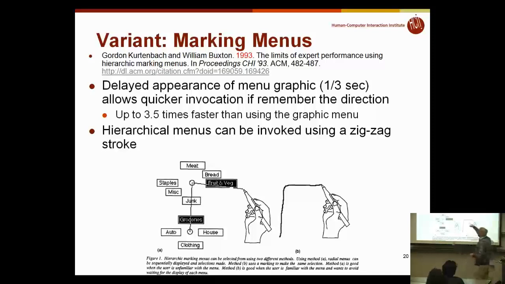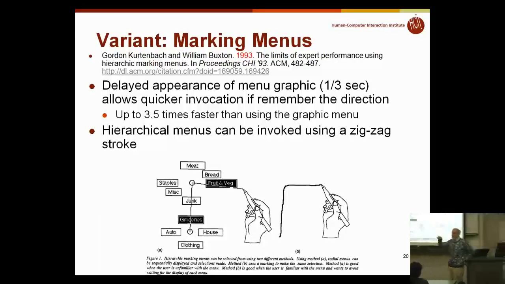And so it's 3.5 times faster than click, look, click again, and click again, or even doing the movements when the menus appear. And you can imagine it's also a lot faster than linear menus for the same kind of thing. So it's a pretty clever technique.